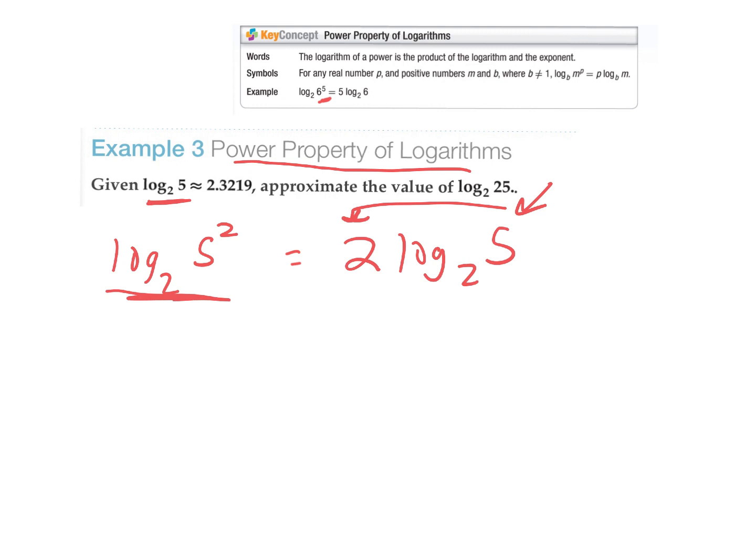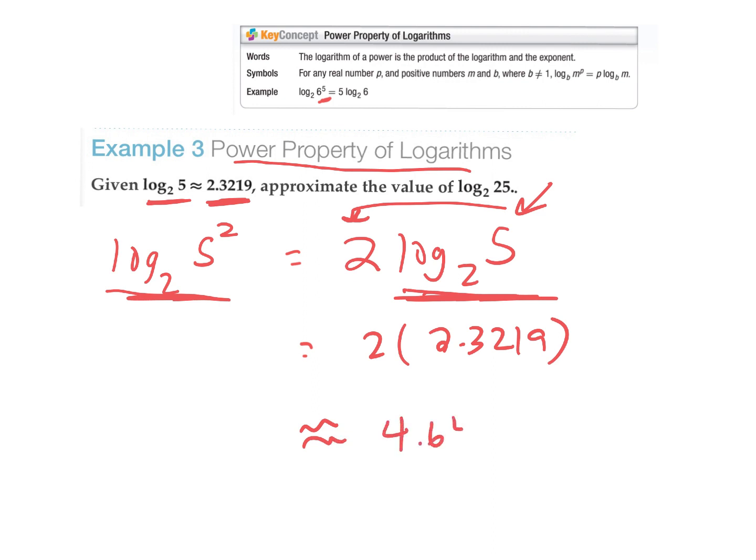So once I have it in front, now I can change this to what it equals, and it equals this. So I'm going to put that in parentheses, 2.3219. That's this part, and I still have my 2 in front, which means I'm multiplying. So now you can take your calculator and go 2 times 2.3219, and you get approximately, and I'm doing a squiggly line, 4.6438.